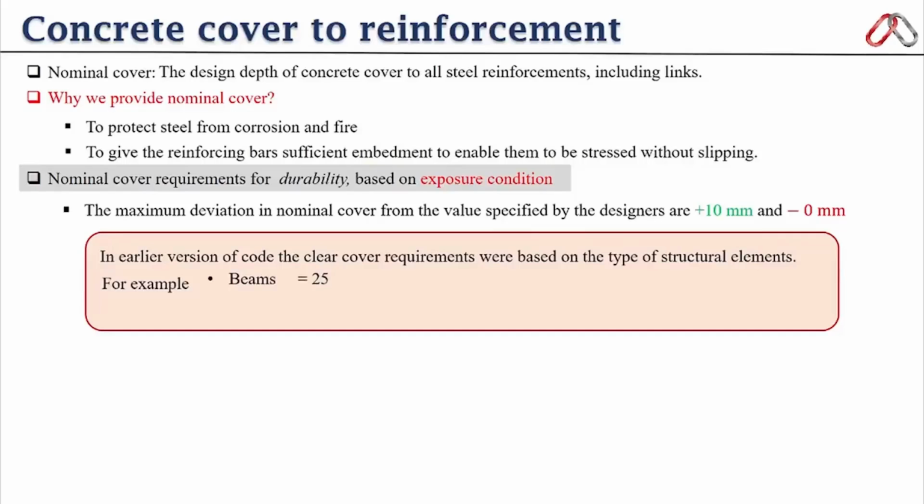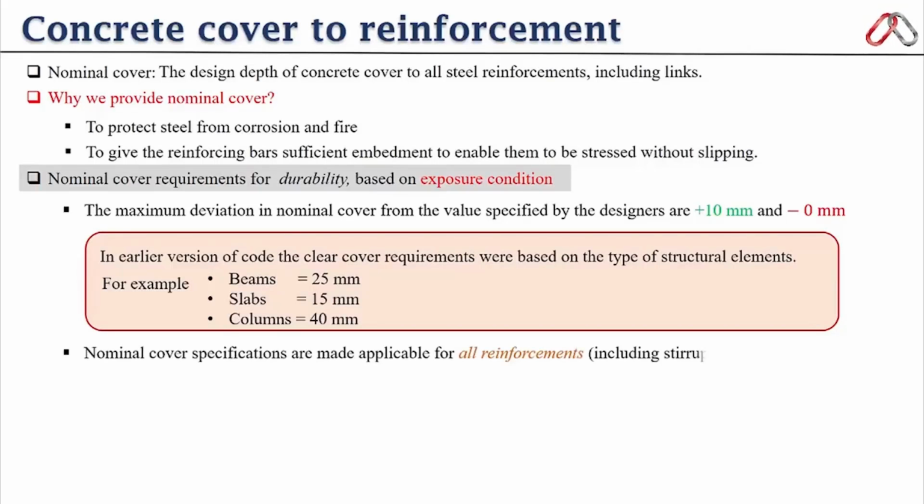For example, for beam it was 25 mm, for slab it was 15 mm, and for column it was 40 mm. But now nominal cover specifications are applicable for all reinforcement including stirrups and ties in all types of structural elements. We will not use the previous version of nominal cover.